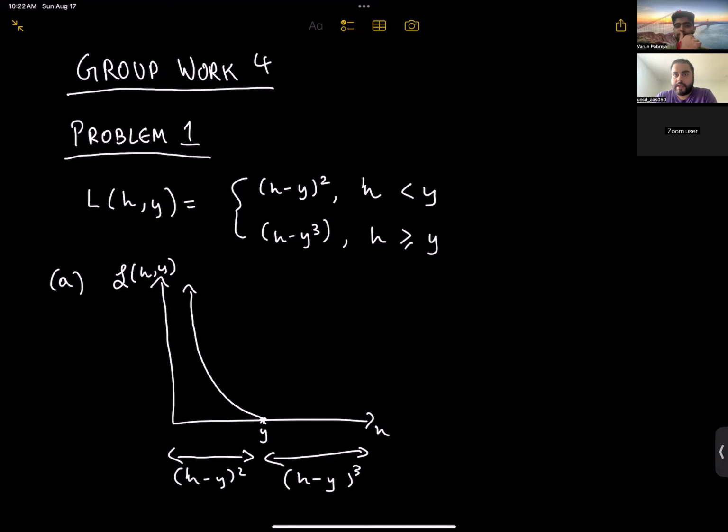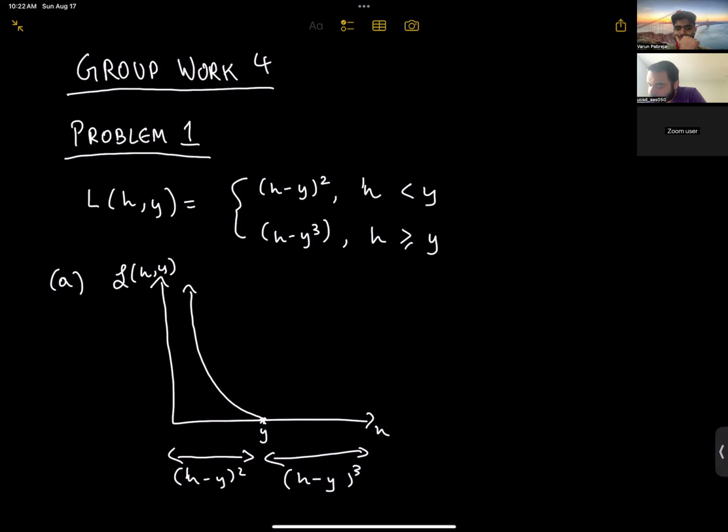And now a cubic function. If you look up what a cubic function looks like, we can see that on this side, where the difference is cubed, as you move further away from y on the right side, the loss increases in a cubic way. A cubic function basically looks like a steeper quadratic function.